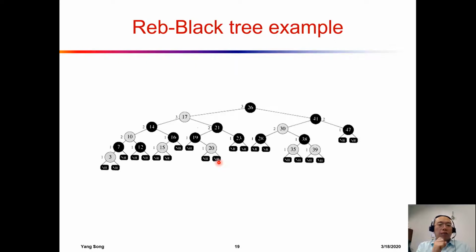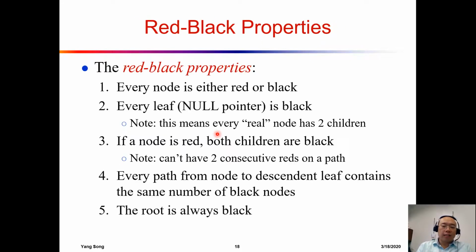However, there's one additional red node we have visited, right? So from node 21 to any of the possible leaves, we will find that we are visiting the same number of black nodes. Okay, that is defined as the black height, and we are going to see that very soon.